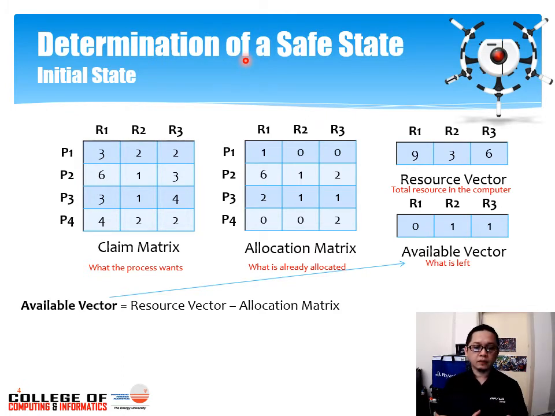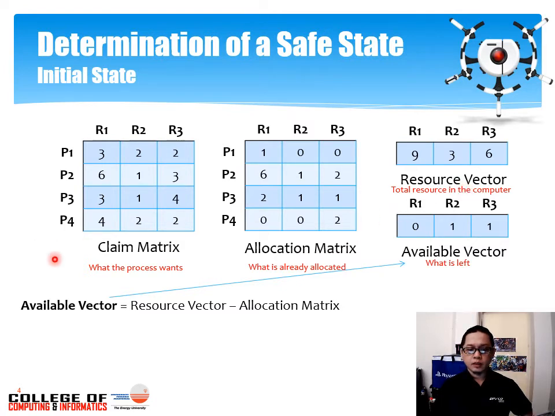Usually you will be given the claim matrix, the allocation matrix, and the resource vector. So how do you use this information? If you remember earlier, you have the claim matrix, what the process wants, the allocation matrix, what is already allocated to the process, and the resource vector.